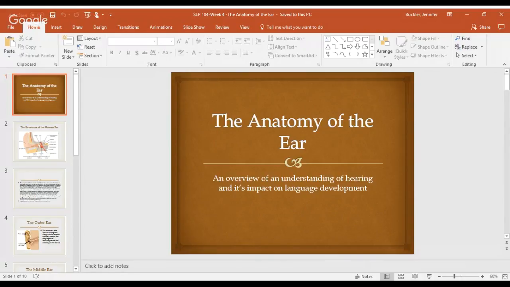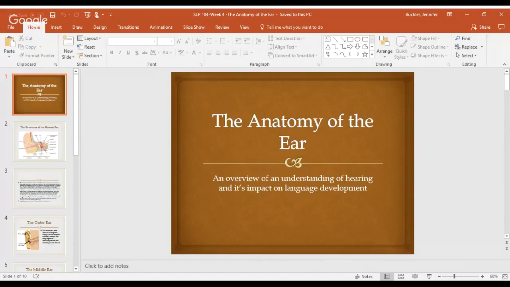It is sent to the auditory nerve, and that electrical impulse is then sent to the brain and interpreted there. You can read more at this link, but that's a pretty brief, pretty basic explanation of how that might work.